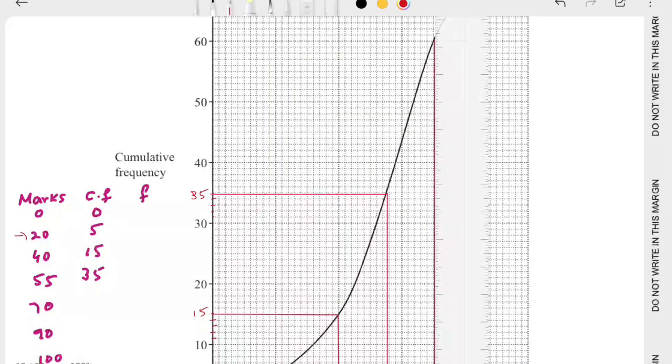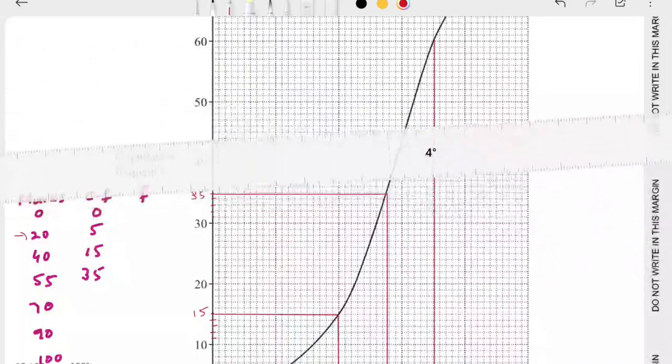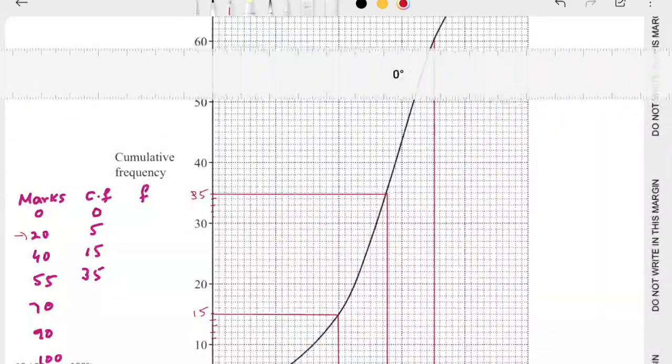So against 70 it becomes 60. It is very much clear.